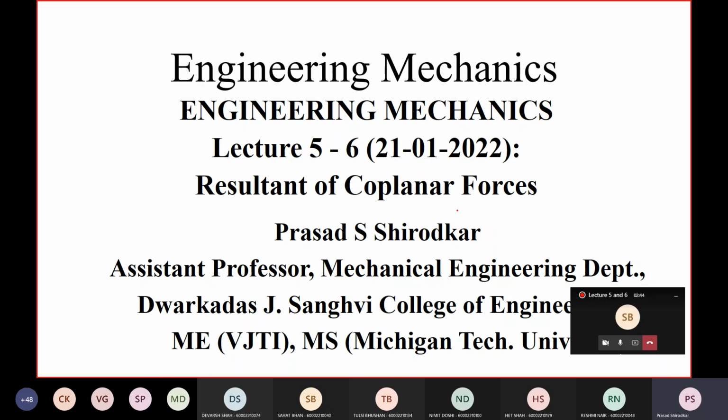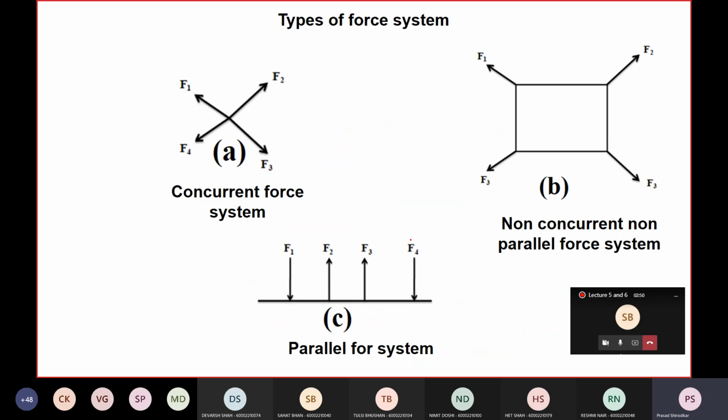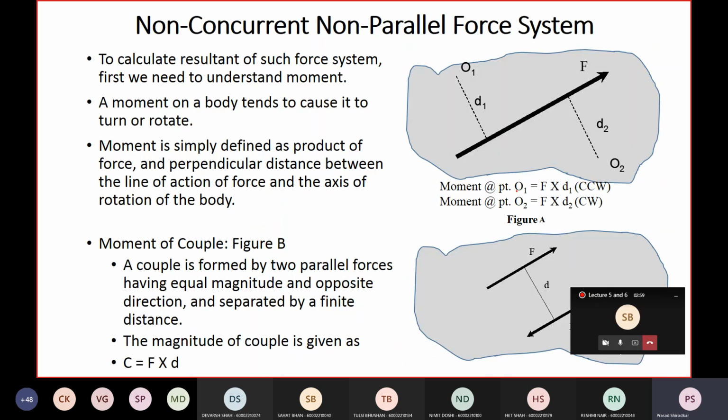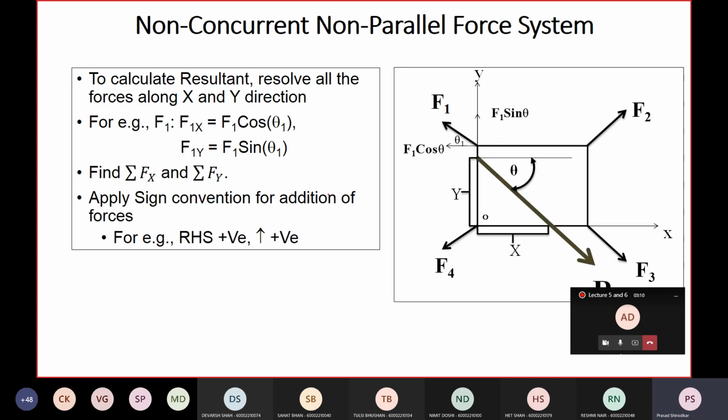Alright, so we have already started with the resultant, and we have started with problems on the non-concurrent, non-parallel force system. And we have solved some basic problems, so we'll continue with that. Just a quick recap: in the last lecture we studied what is moment and what is couple, how to find them, and the method to find the resultant of a non-concurrent non-parallel force system.